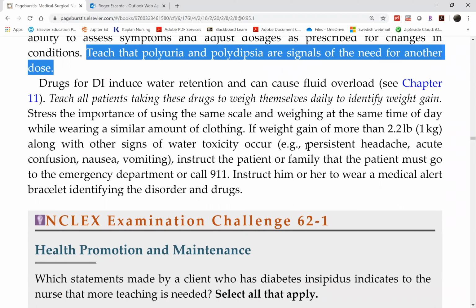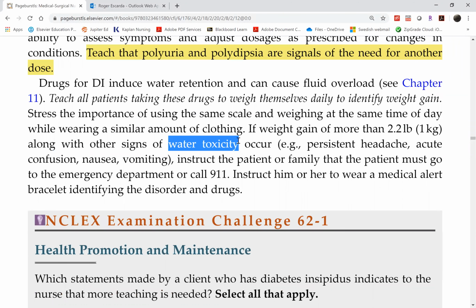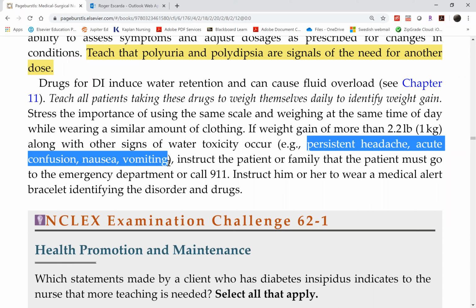Because they're drinking water like crazy, and sometimes it's hard to keep up with their intake, they are encouraged also to watch for the symptoms of overdoing it. Water toxicity can occur during day-to-day fluid replacements, and signs of water toxicity are the following. So they just still need to be aware.